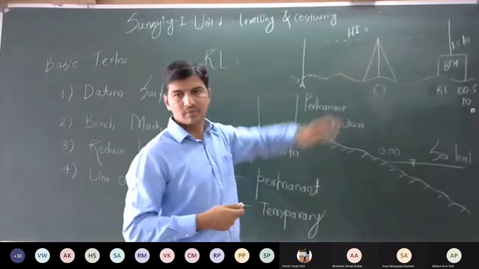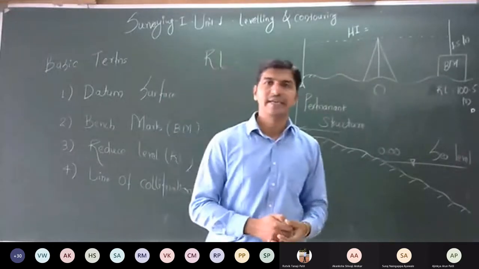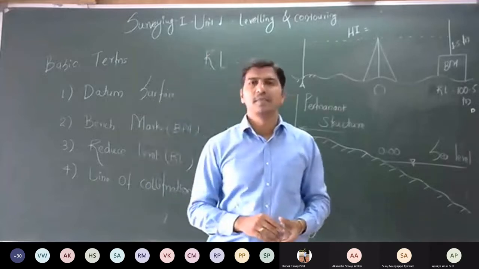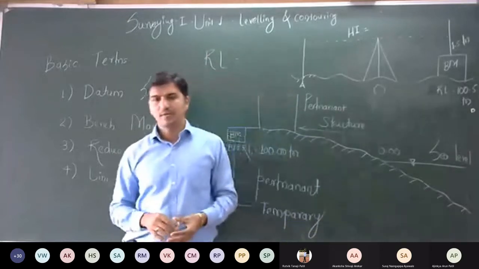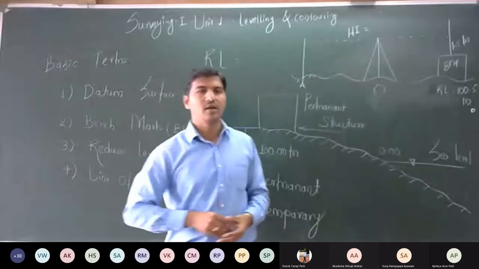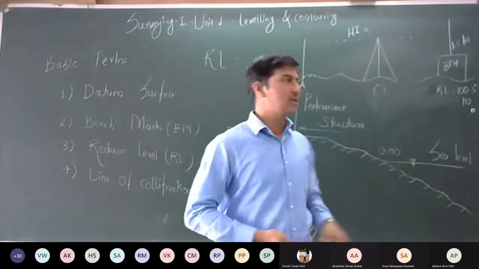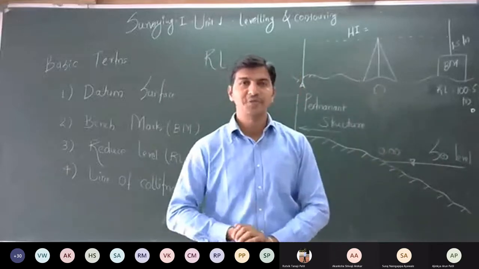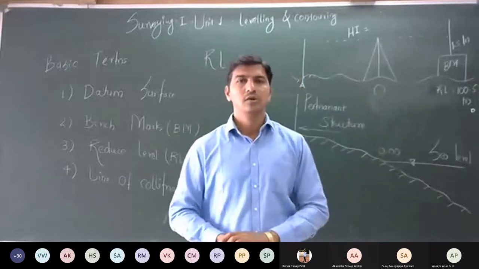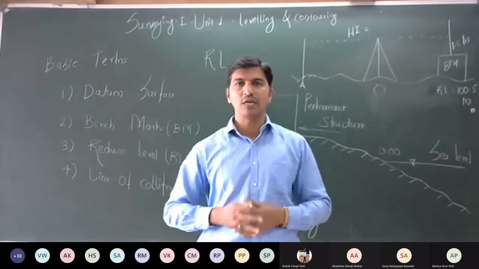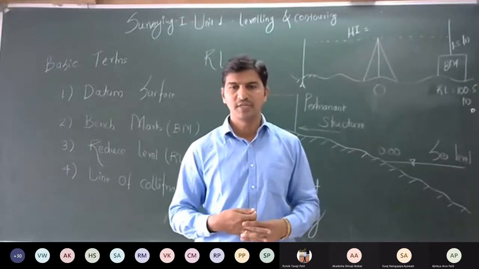Can someone answer, second year? Please answer the question. I am always hoping that you have done your diploma, and in your diploma you have done this surveying experiment. So all of you will be able to answer this question, isn't it?